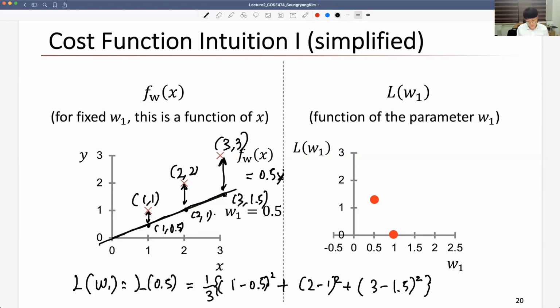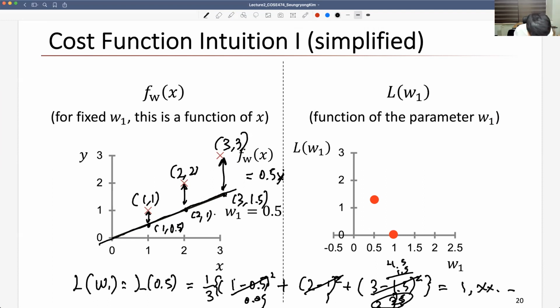You can compute this one, so it will be about 2.25 over 3, something like that.